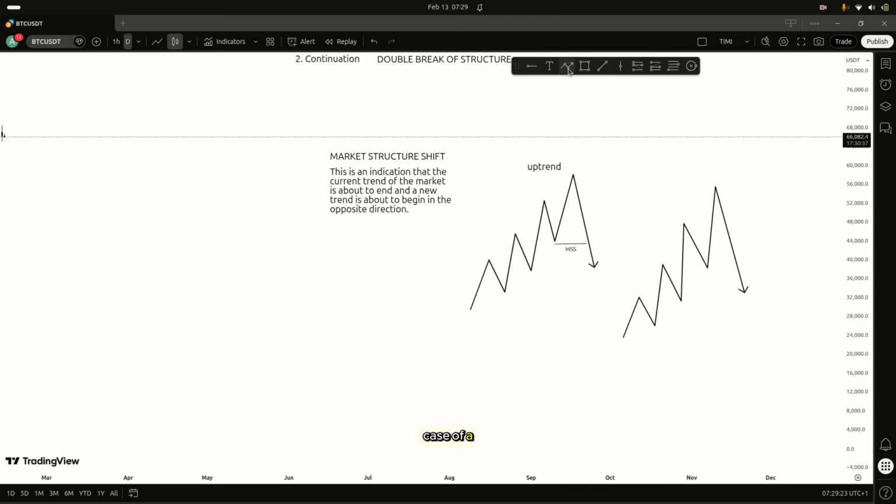Now in a case of a downtrend, price was previously giving us a series of lower highs, lower lows, lower highs, lower lows, and then price came, instead of giving a lower high here to continue pushing lower, price now broke this previous high.